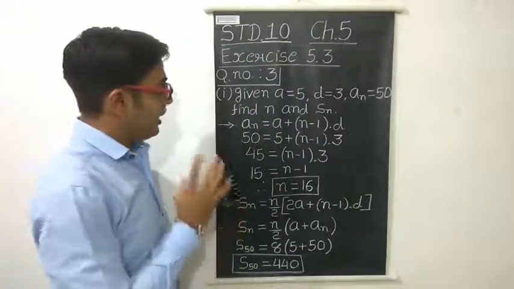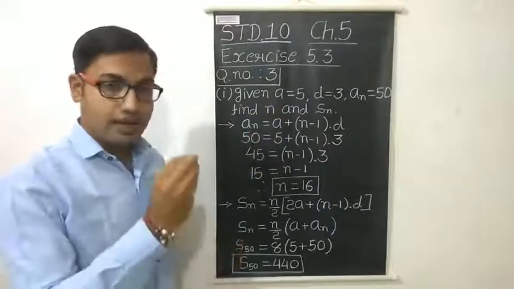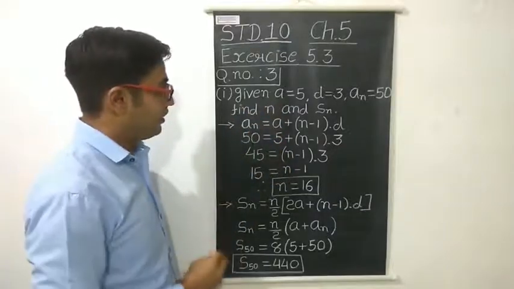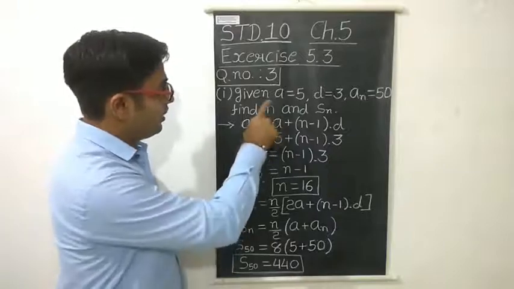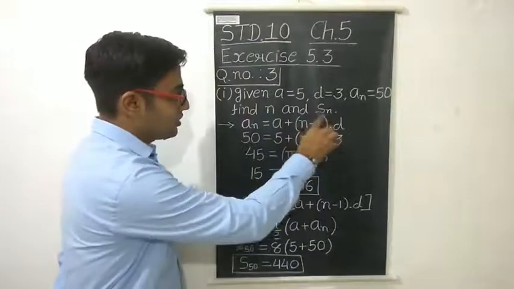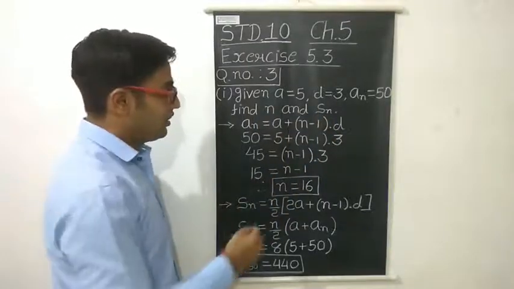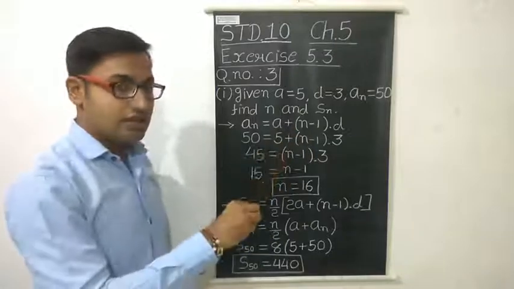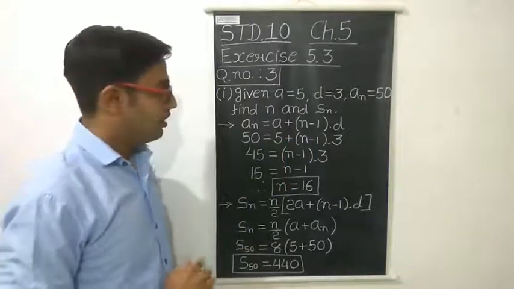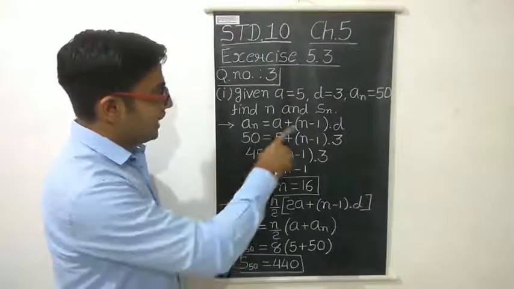In this AP, all the values are of an AP, and here we have to find the number of the terms of that AP and the sum of that many terms, right? So this Sn represents the sum of the n terms. Here we do not have the value of n.